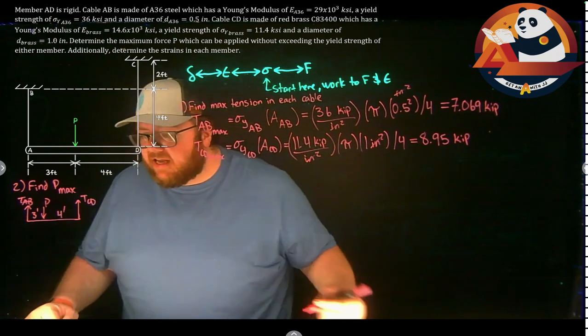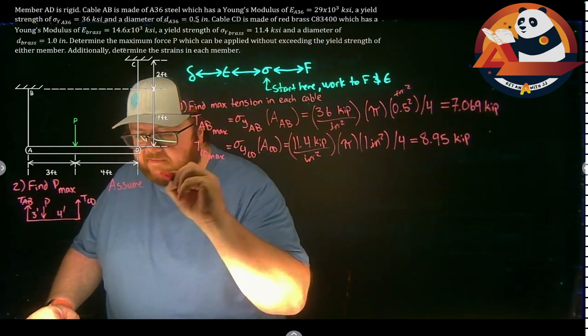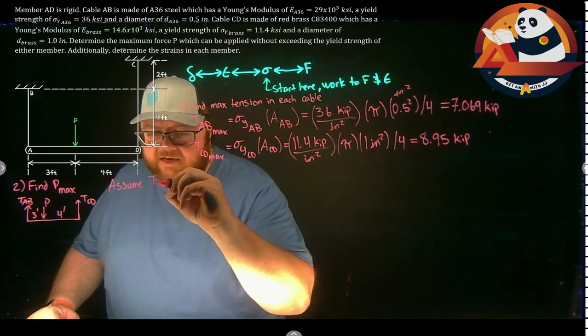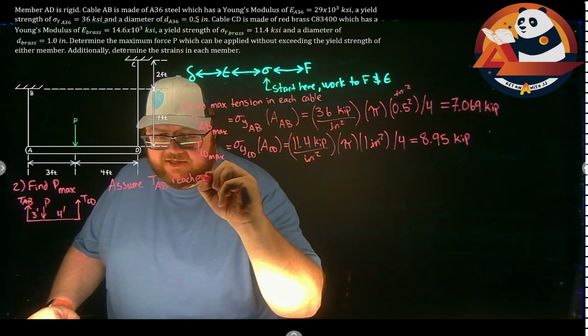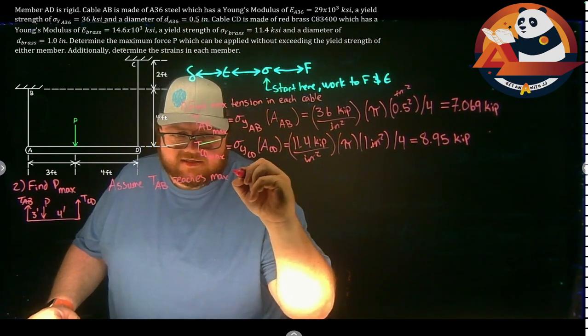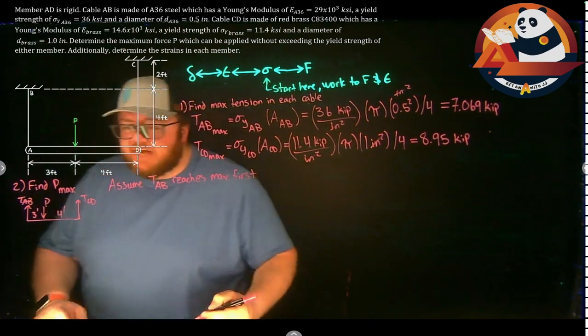I'm going to come in and say, let's assume that TAB reaches max first. So what's that telling us?